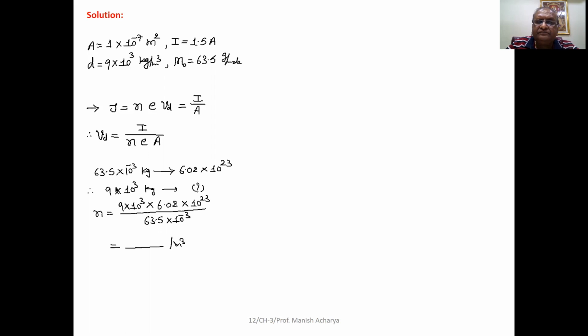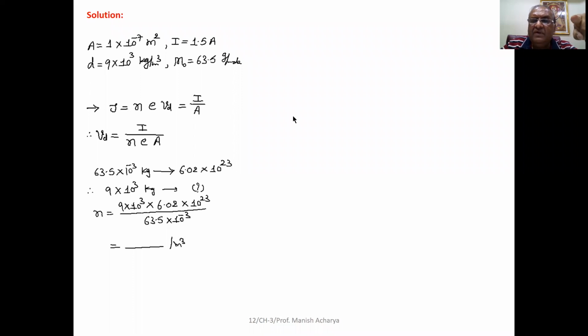See, the atomic weight is 63.5 gram per mole. So we can say per mole the number of electrons is 6.02 × 10^23 because it is given to you in the question.